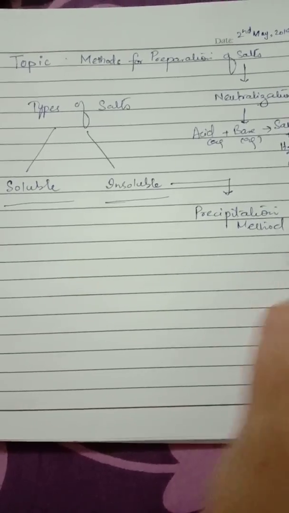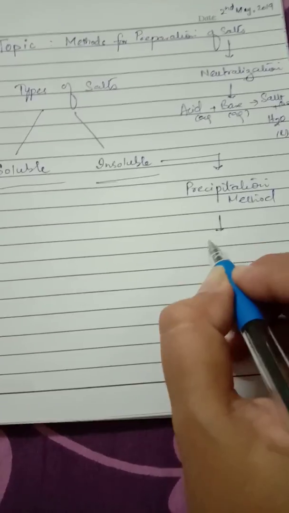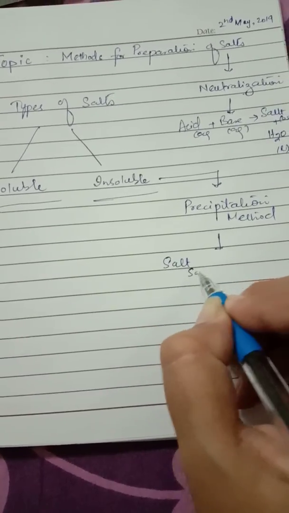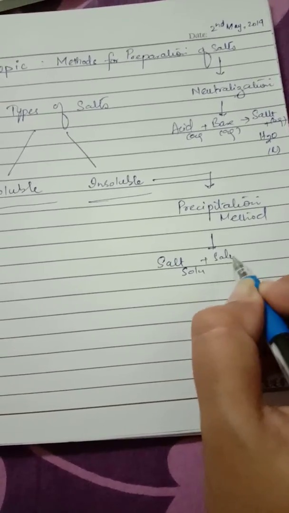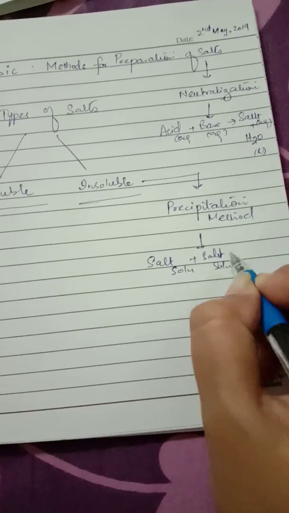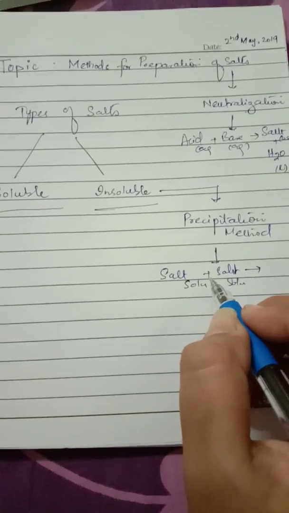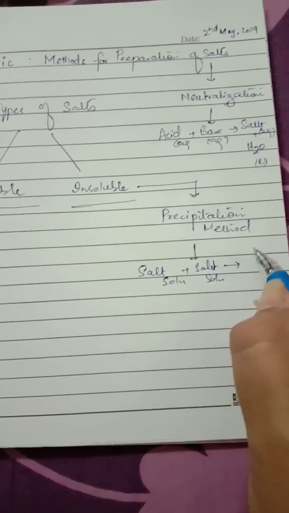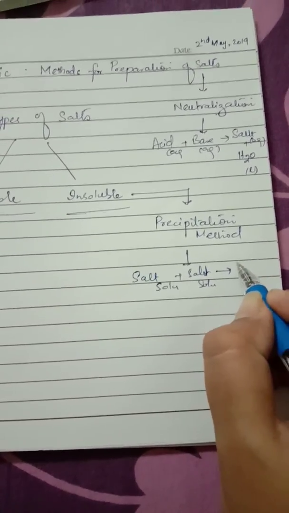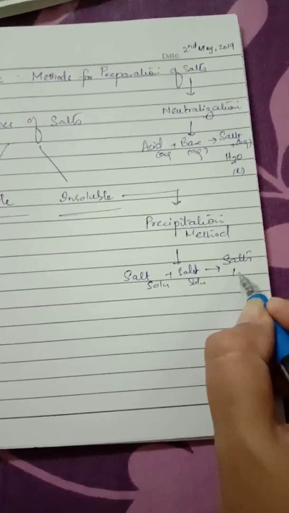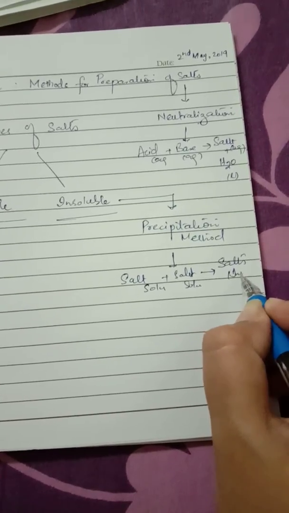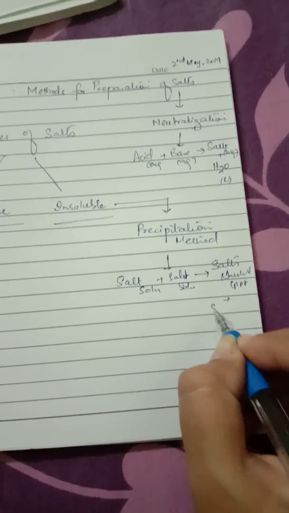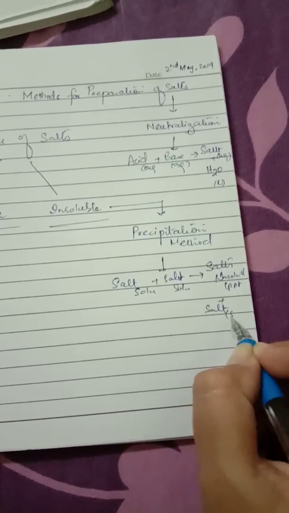In this method, we usually have two different salt solutions. We mix the two different salt solutions, and as a result of the ion exchange, or radical exchange, we again get two salts. One is insoluble and is formed as a precipitate, and one is soluble.